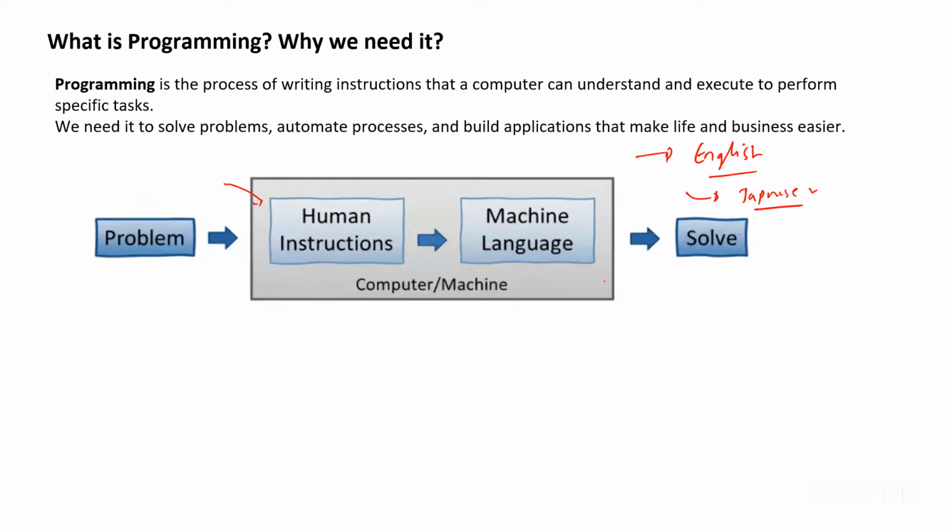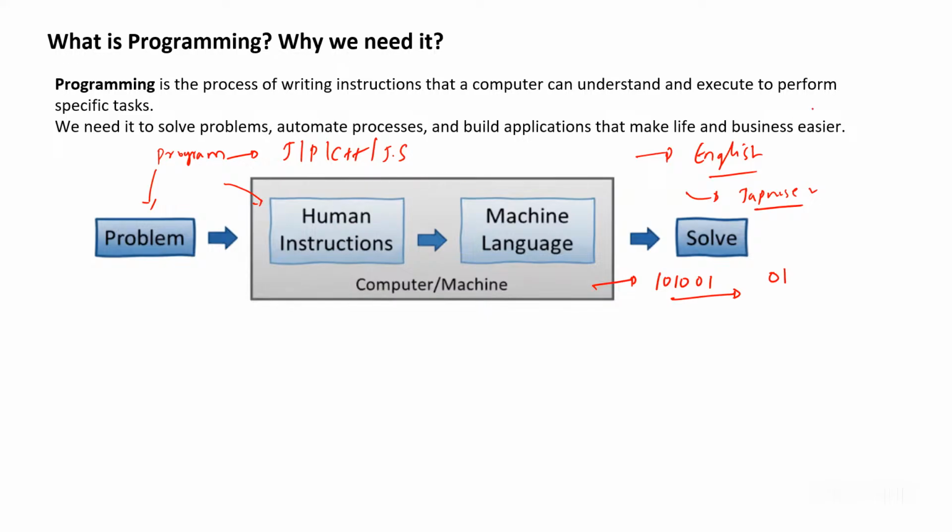The only language that the computer understands is binary code, that is 101001. Only in the form of 0s and 1s is your computer going to understand. You might write a program in any language, that might be Java, Python, C++, JavaScript, anything. It is a kind of human instruction.